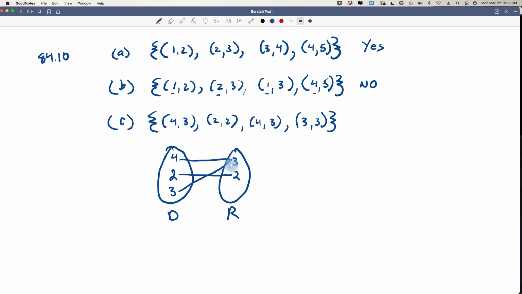Yes, that is okay. Each x value only has one y value. So the y value can have more than one x, but the x can only have one y. So this is a function.